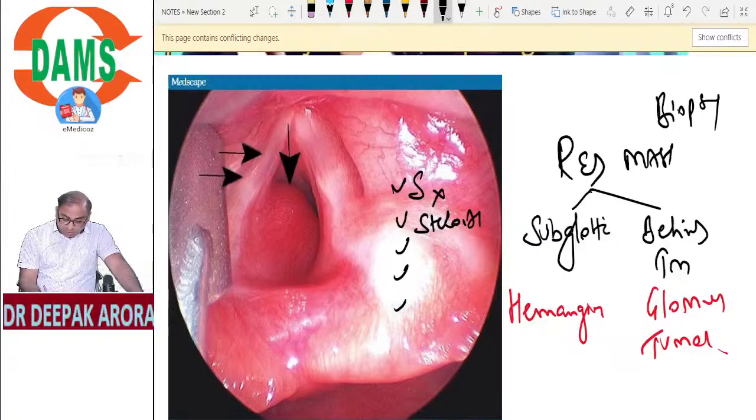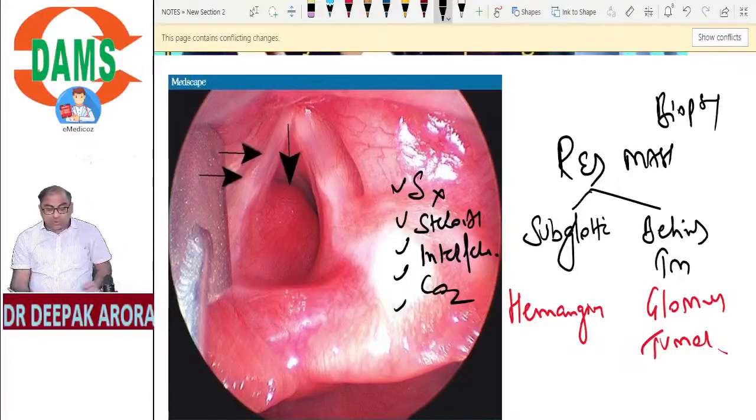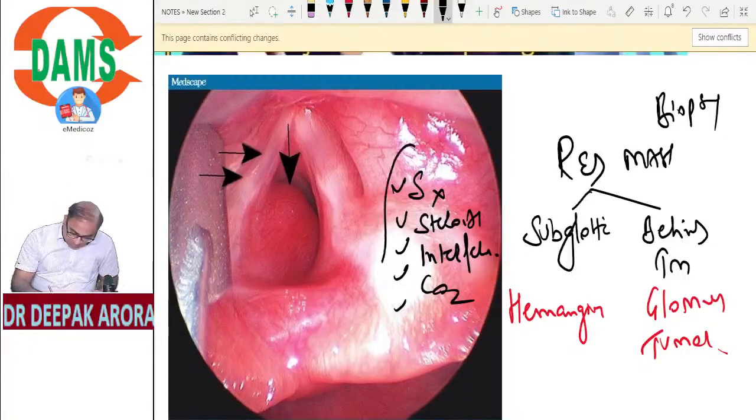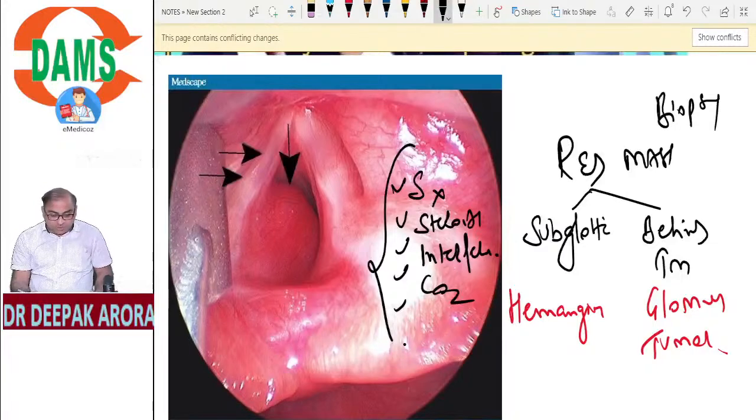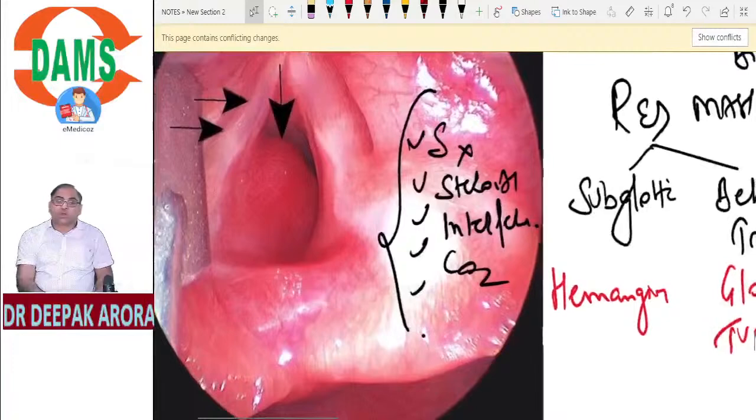I can go for interferon to reduce the size of the tumor. We can use CO2 laser. Any student who can update in the chat box what is not to be done? All these are part of management.